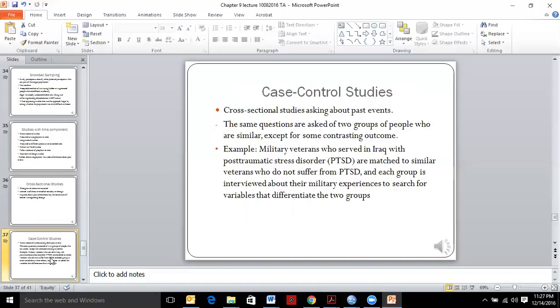For example, military veterans who served in Iraq with post-traumatic stress disorder are matched to similar veterans who do not suffer from post-traumatic stress disorder. And each group is interviewed about their military experiences to search for variables that differentiate the two groups.